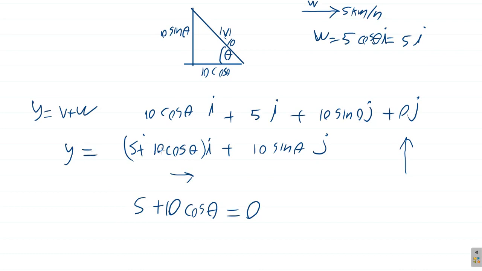This v part is for the boat and the angle, right? And the w part would be for the flow of the river. So boat velocity plus river velocity. When you put them together, you say this and this combined, 5 plus 10 cos theta equals 0.